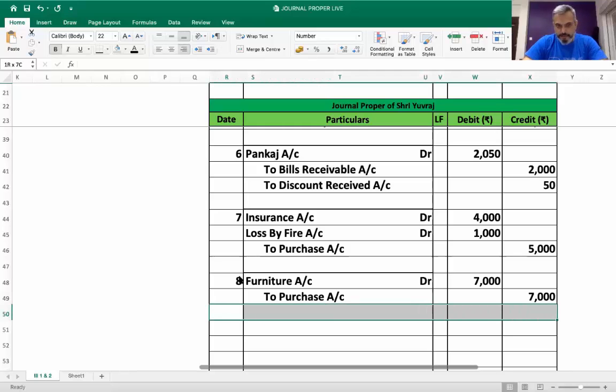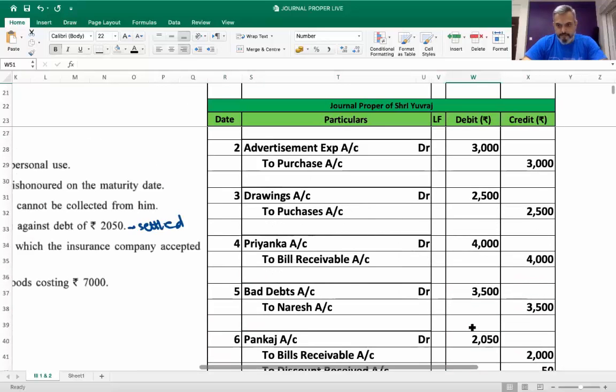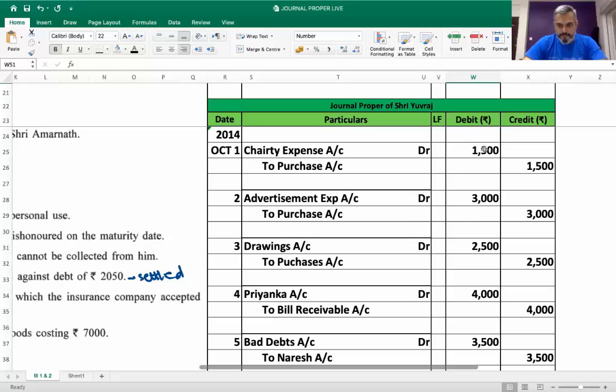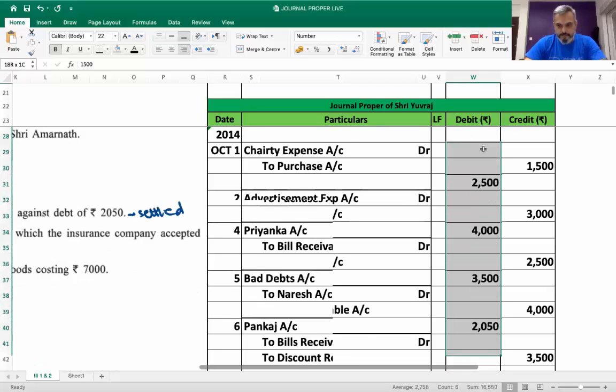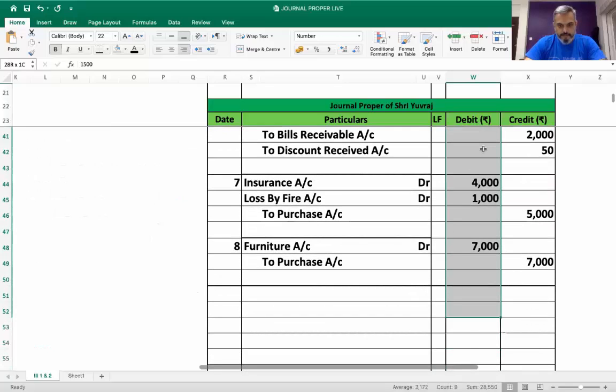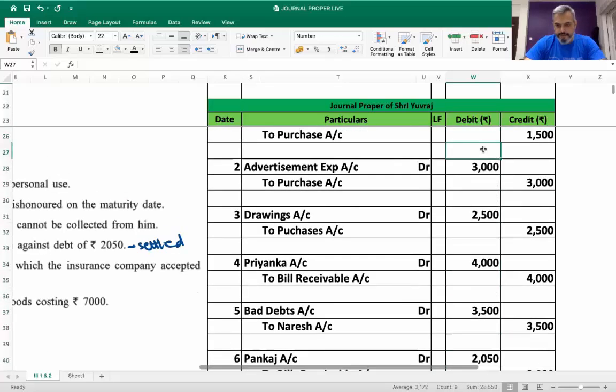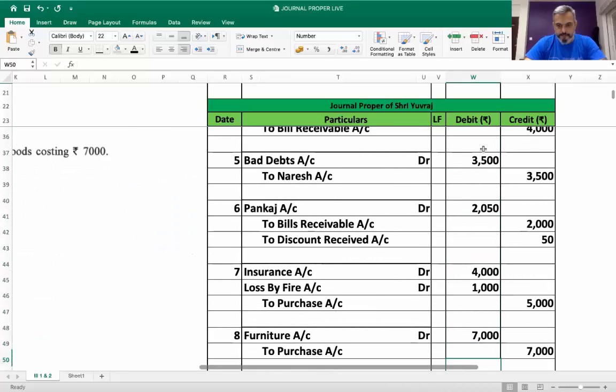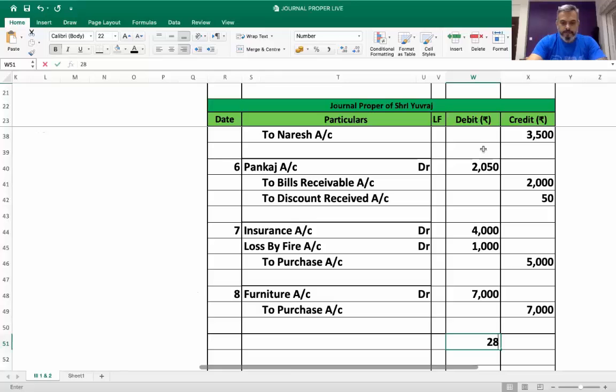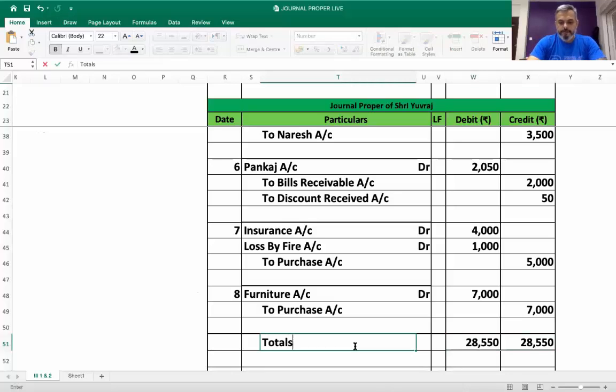Close it, do the totals. 28,550. Totals.